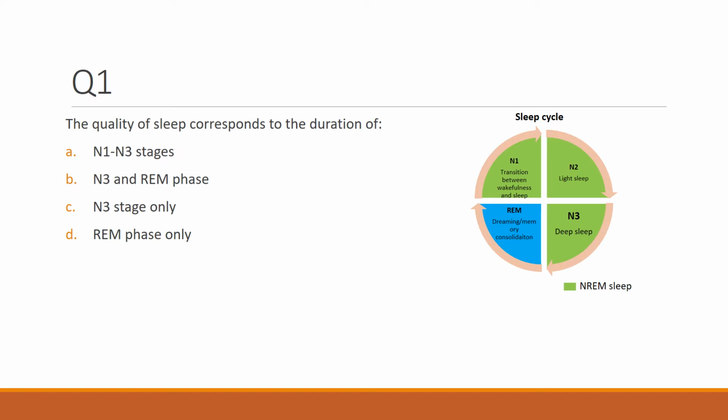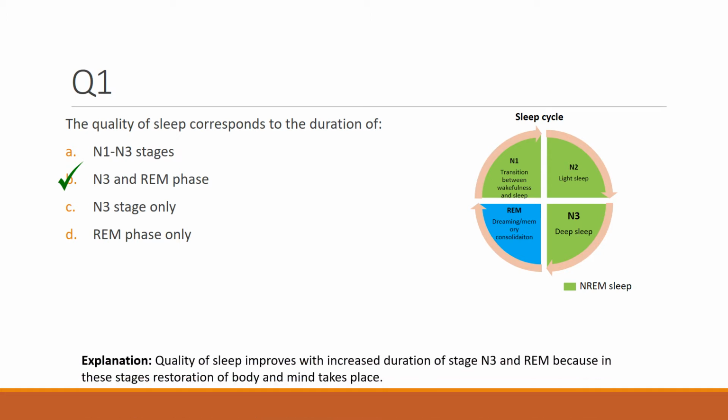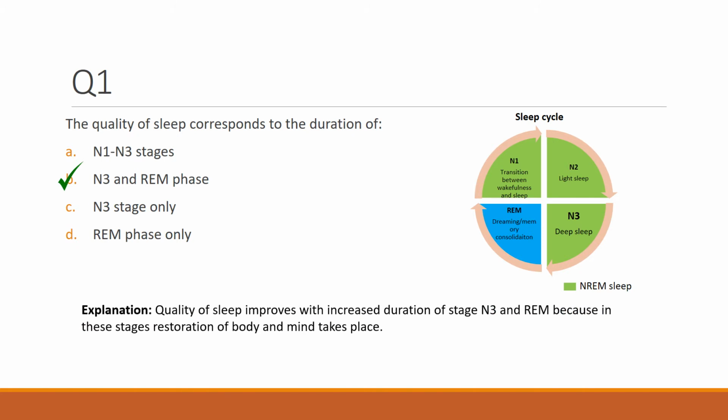And the correct option is N3 stage and REM phase of sleep. This is because quality of sleep improves with increased duration of stage N3 and REM phase of sleep, because in these stages, restoration of body and mind takes place.